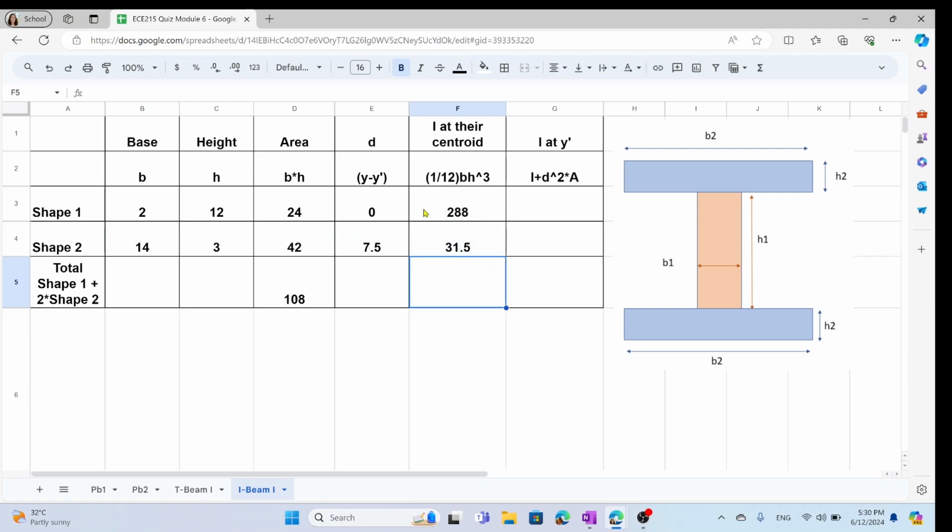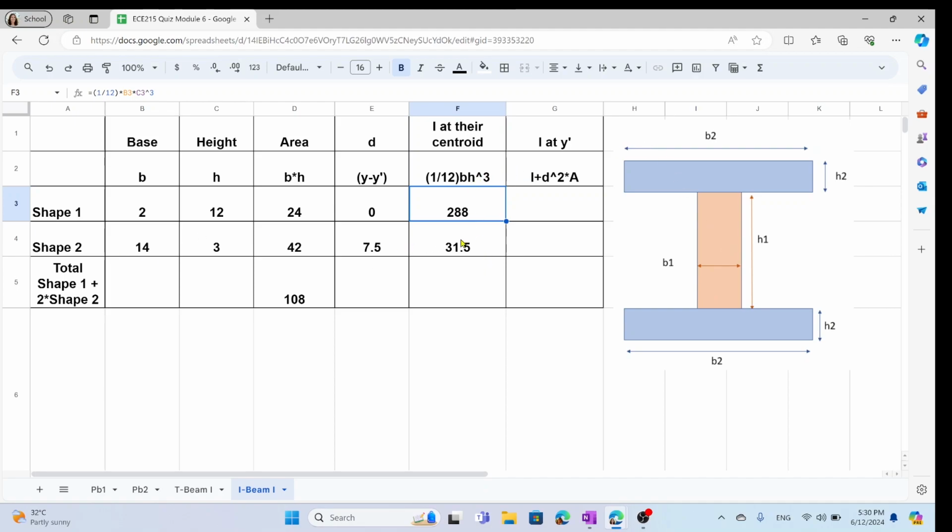And we can see that the one that increased the most, the red one, has a much larger moment of inertia there because it's higher and the H is cubed.